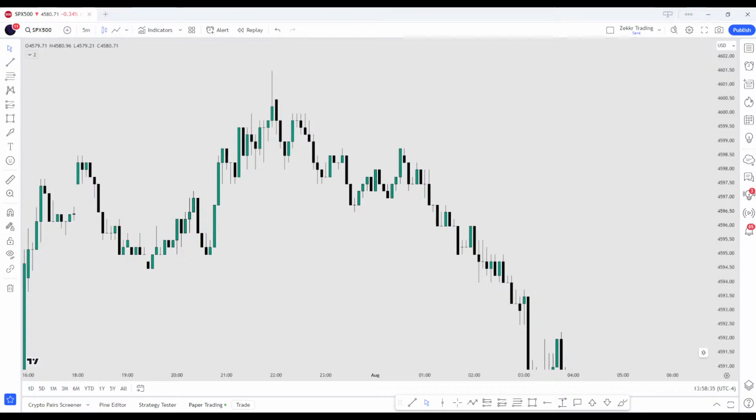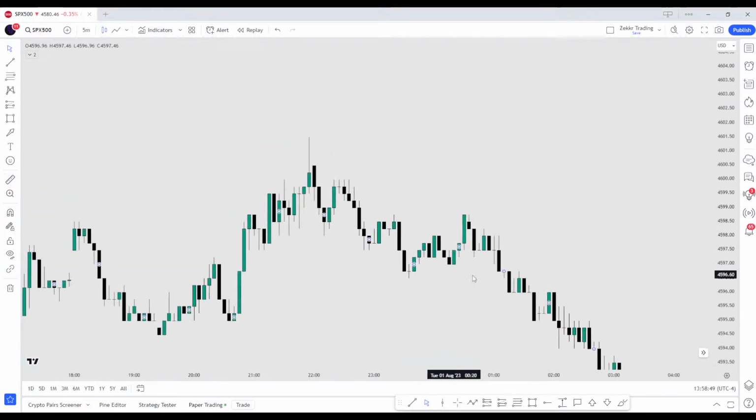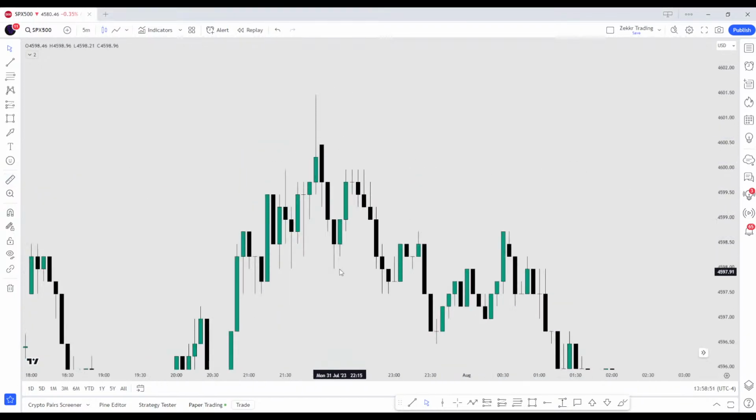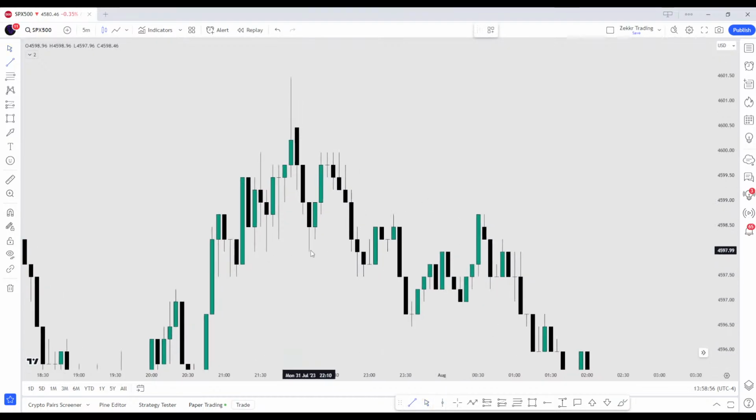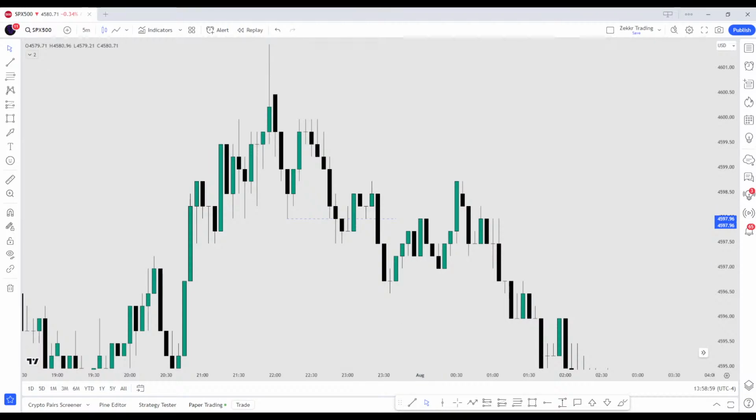To be honest, you can look at ICT's video, but what a mitigation block is, it's basically a low that is broken and then turns into resistance, from what I understand from ICT. I don't use this in daily trading. I don't focus on them, but what I remember, it's a low being broken and then turned into resistance. So basically similar to an order block, just you use the lows, right?